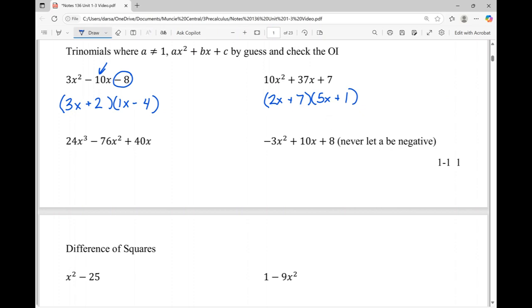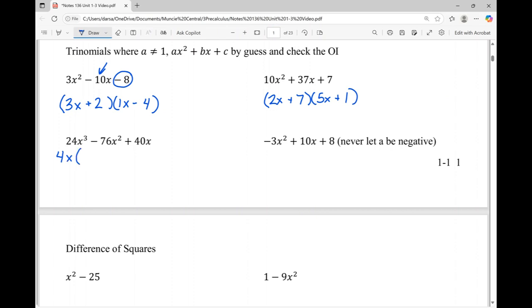Now, sometimes when you're going to factor a trinomial with numbers in the front, it looks really hard. Like if you look at this next question, this is just bananas looking. But if we think about it, 24, 76, and 40, those are all divisible by the number 4. So we're going to take out a greatest common factor of 4, and then you can see all of these also have an x, so we're going to take out an x as well.